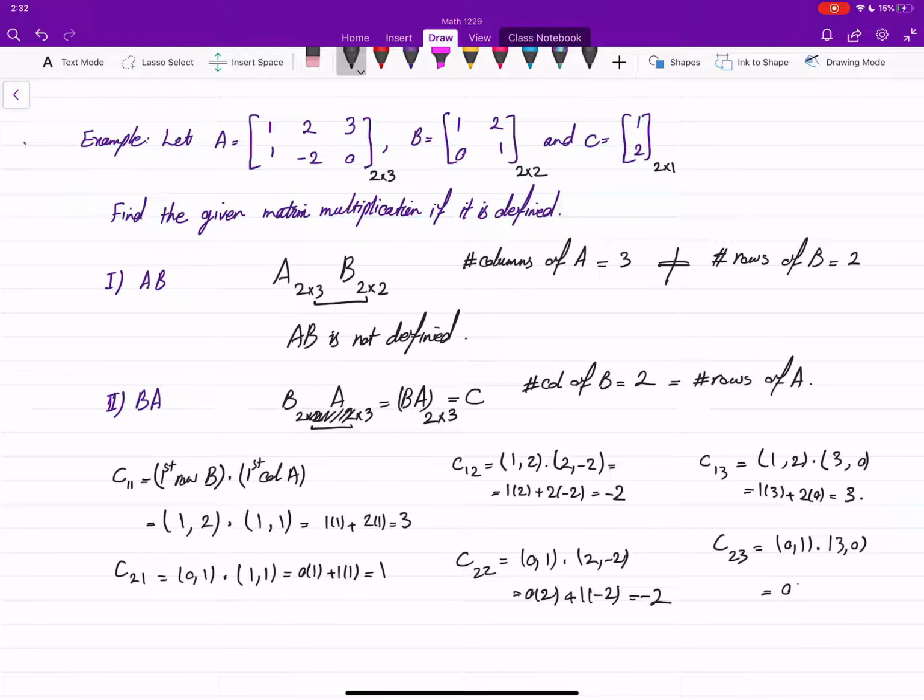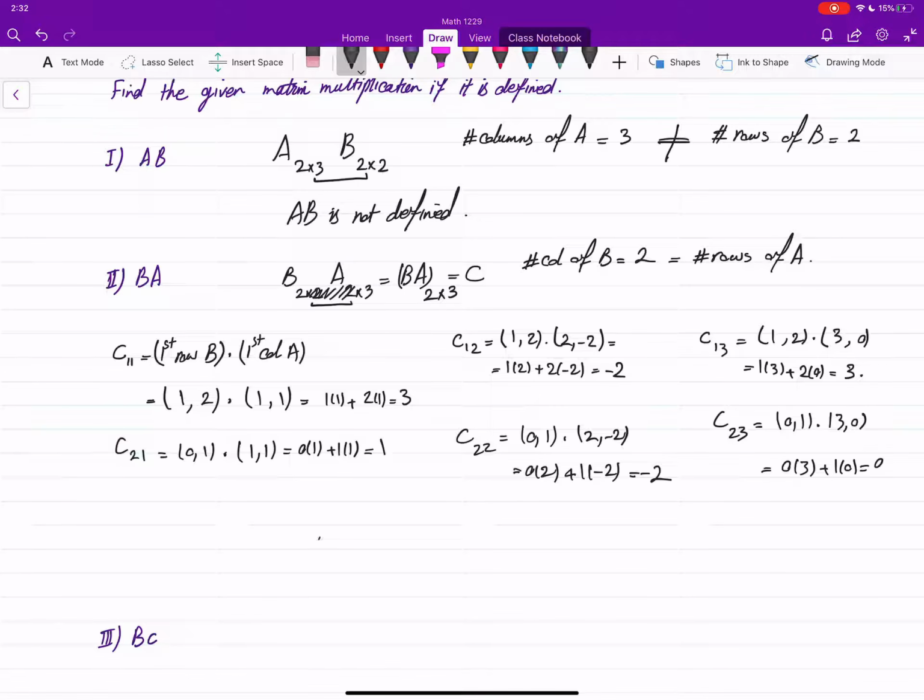This gives us 0 times 3 plus 1 times 0, which is 0. In other words, the matrix BA, which is supposed to have 2 rows and 3 columns, will have the first row 3, negative 2, 3. I have already computed them, I'm just writing them here, and the second row 1, negative 2, 0. That's BA.